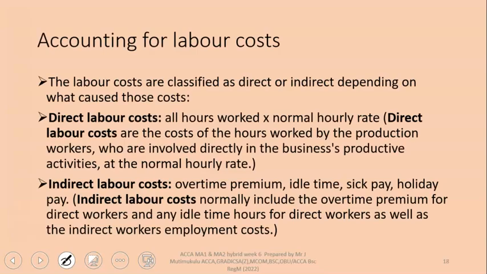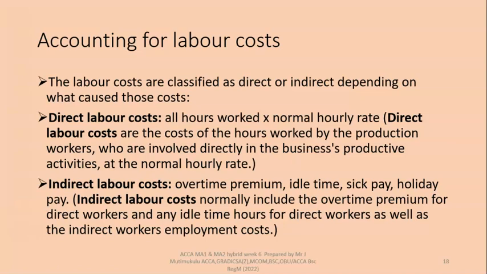Now, accounting for labor. Okay, we have to know how to account for the labor cost. Labor costs are classified as direct or indirect depending on what they cost. Direct labor costs: all hours worked multiplied by normal hourly rate. Direct labor costs are the cost of the hours worked by the production workers who are involved directly in the business's productive activities at the normal hourly rate.